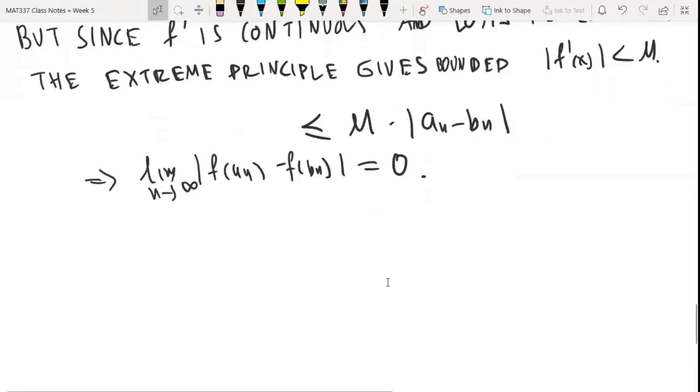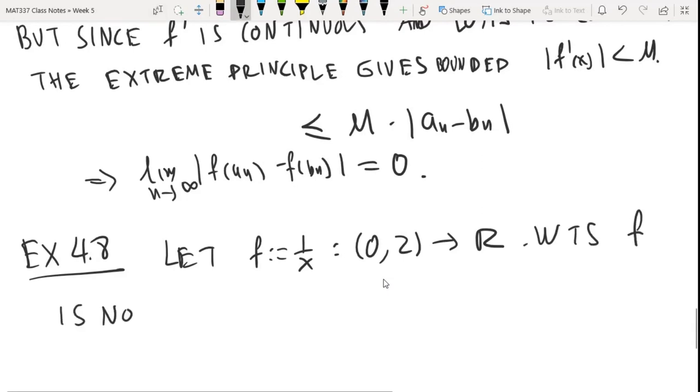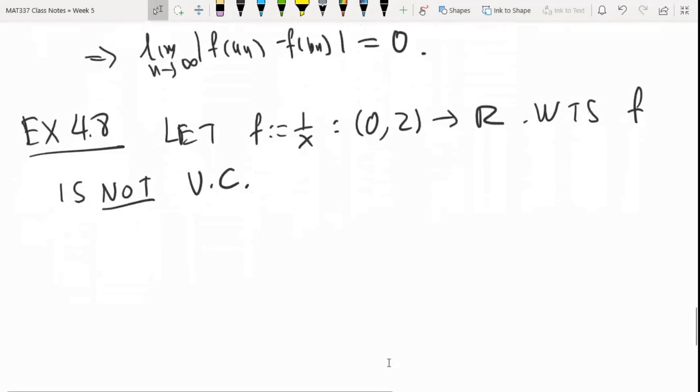All right, let's see. Now, this criterion is very useful because it's if and only if. So here's another nice example that we talked about in the beginning. Let f be 1 over x from 0 to 2 to R. Want to show that f is not UC. All right.